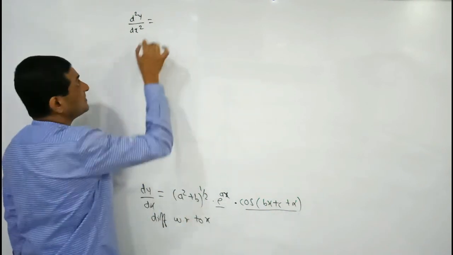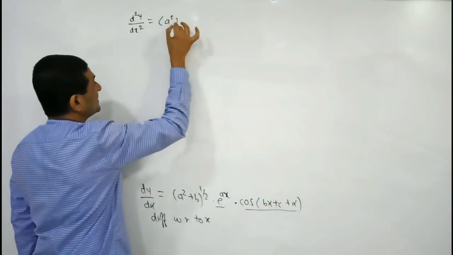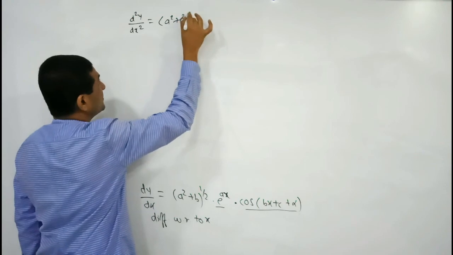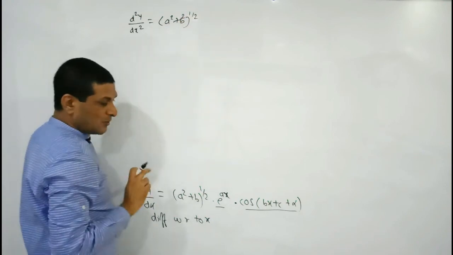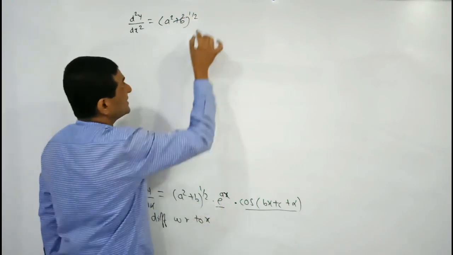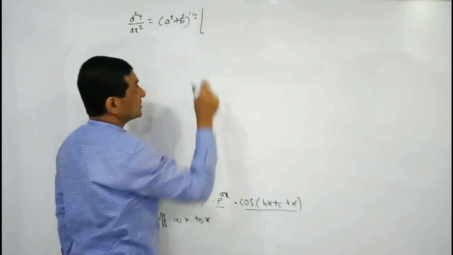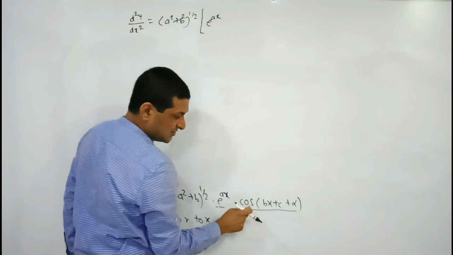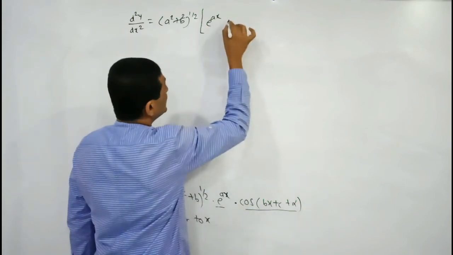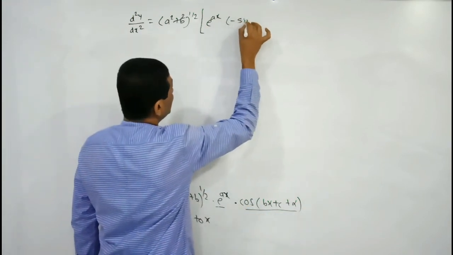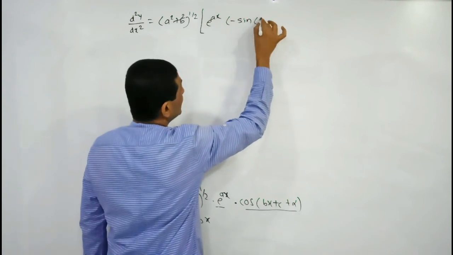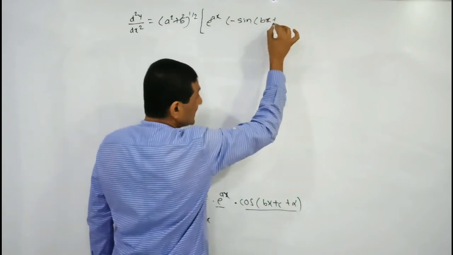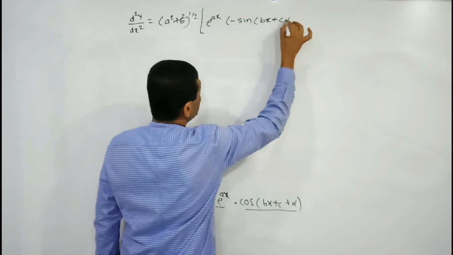So keep this first term as it is, means a square plus b square raised to power 1 by 2 as it is. Now according to product rule, keep this first term as it is. Now we are finding its differentiation. E raised to power ax as it is into derivative of second term, which is in the form of cos f of x. So its derivative will be equal to minus sin f of x. f of x is what here? Bx plus c plus alpha.